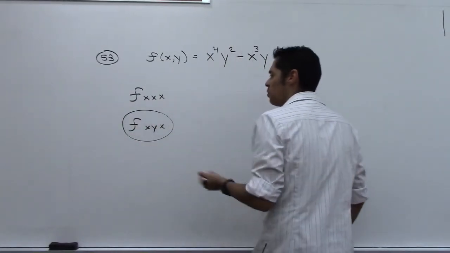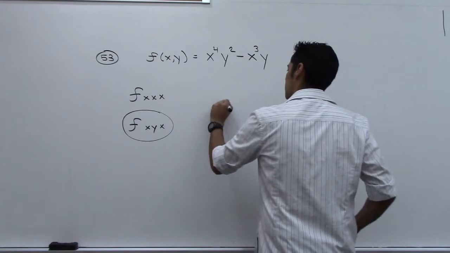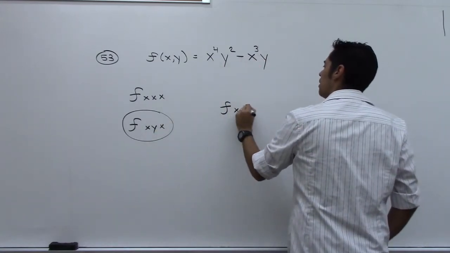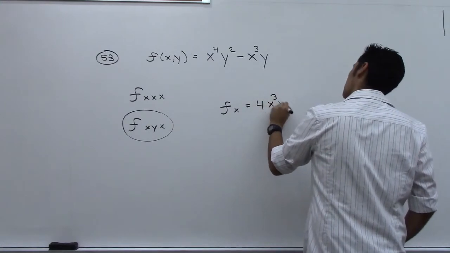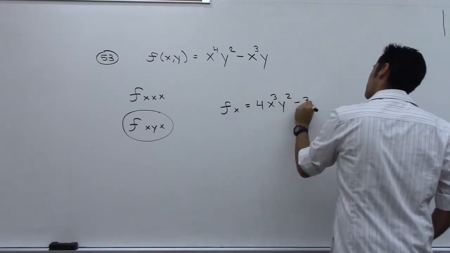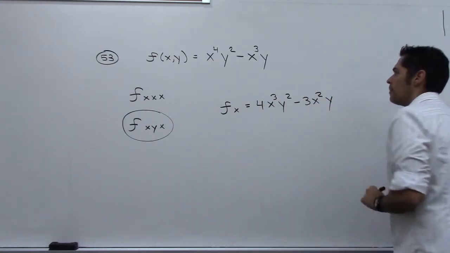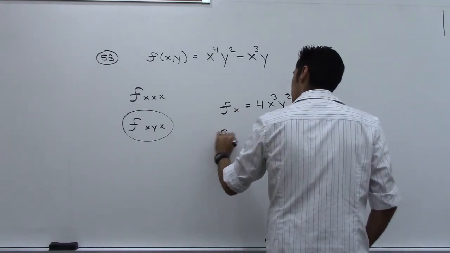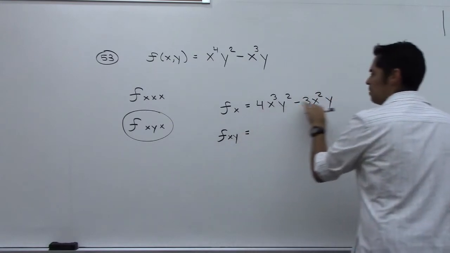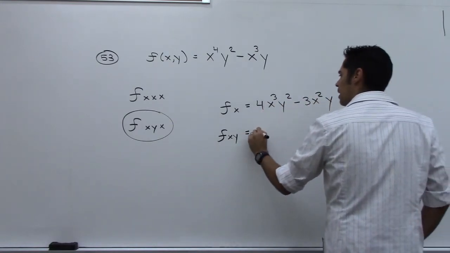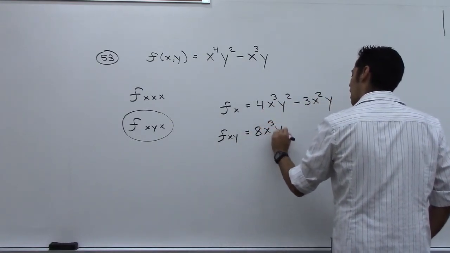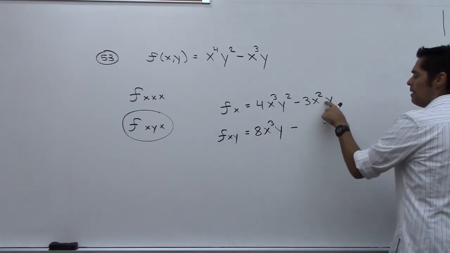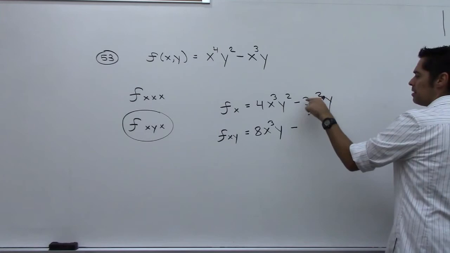So what we're going to do is first we're going to find the partial with respect to x. Okay, so we start here. Partial with respect to x here is 4x cubed y squared minus 3x squared y. And then if we do the partial of that with respect to y here, 2 comes out, so we'll get 8x cubed y minus, with respect to y here, this right here is our variable, so that's a constant.